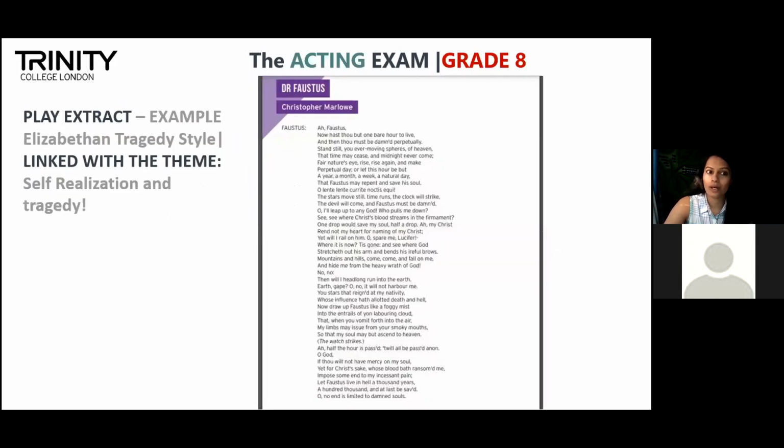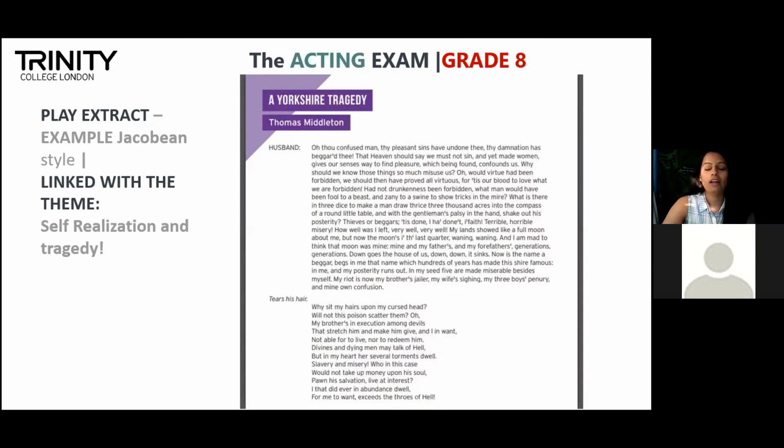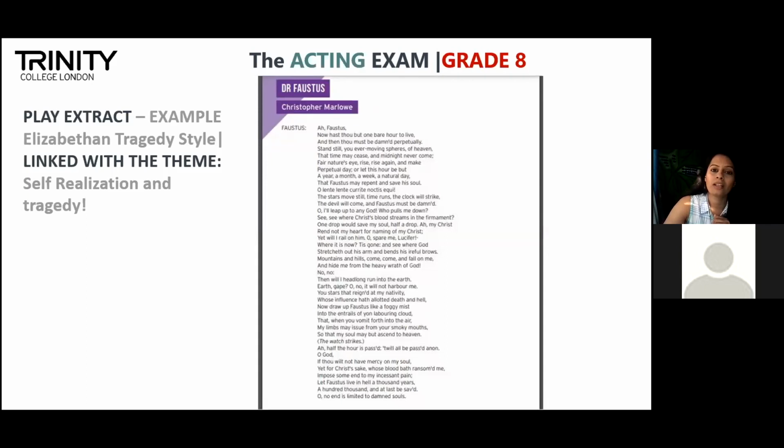The second one is an Elizabethan tragedy, the famous Doctor Faustus, and him having his soul sold to Satan himself. These 2, as you very well know, are the final monologues by the main protagonists, and they are repenting. They are realizing how bad their decisions have been, and whether anything can come back while there's little left of their life.